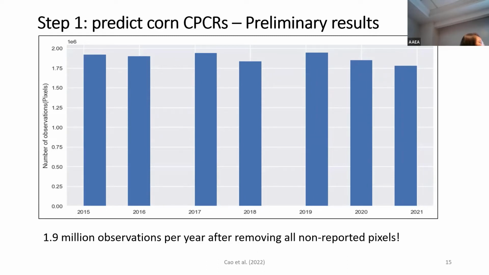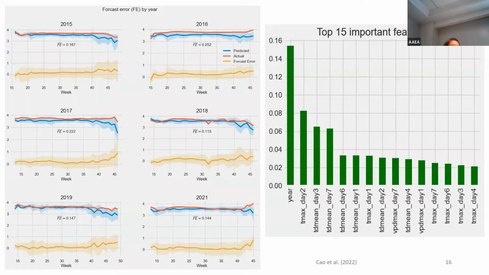You know what I mean when I say big data: we have on average 1.9 million pixel-week observations per year after removing all the non-crop pixels. This is the very first run of machine learning, and you see that already we could achieve a pretty low forecast error.